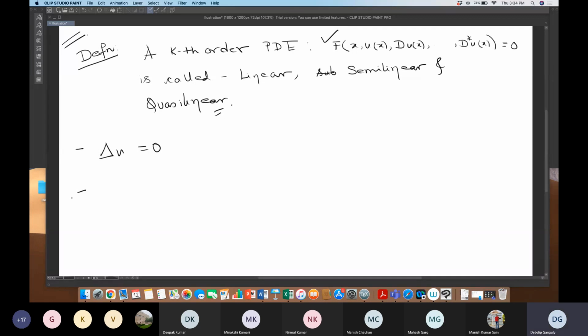An example of a semilinear PDE: Laplacian of u plus u squared equals 0. Quasi-linear: u multiplied by the previous, u times Laplacian of u plus u squared.